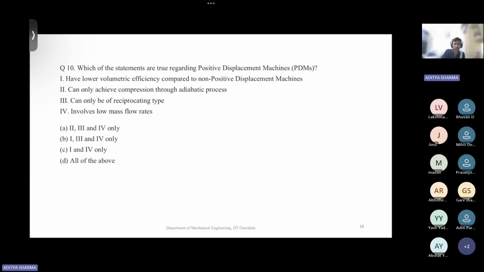So which one of the statements are true regarding PDMs, positive displacement machines?